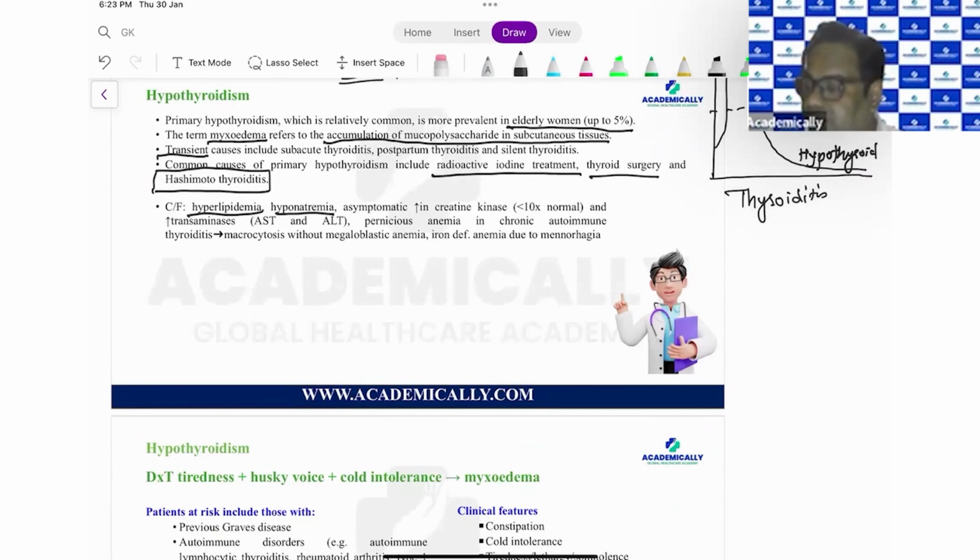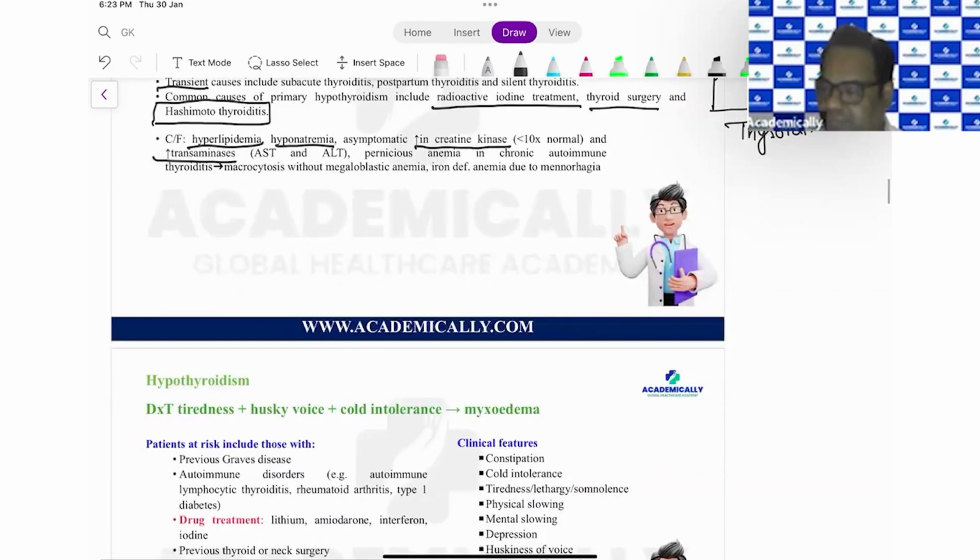Hyponatremia may be there. There will be an increase in creatine kinase, because there is going to be proteolysis also. Transaminases might be increased. There might be anemia, pernicious anemia. Why pernicious anemia? Because most of the time this is autoimmune, and pernicious anemia is also autoimmune. So many of the autoimmune diseases go hand in hand.